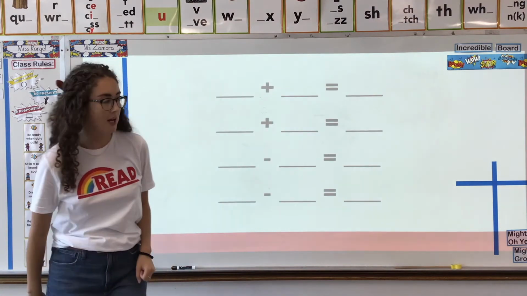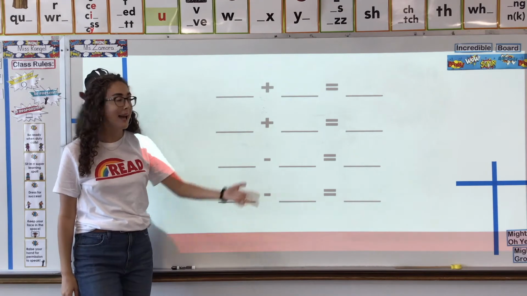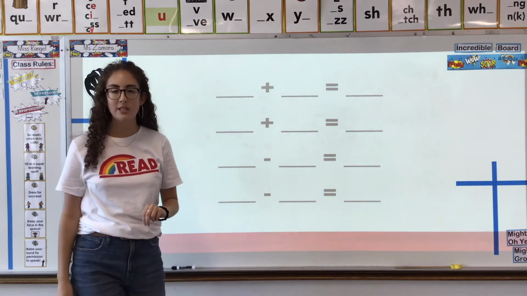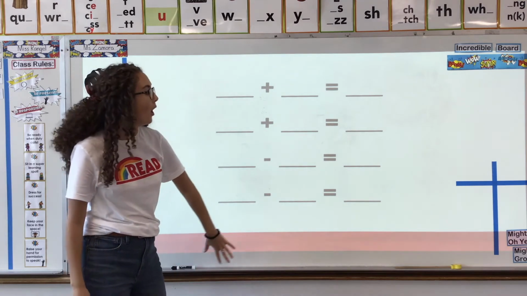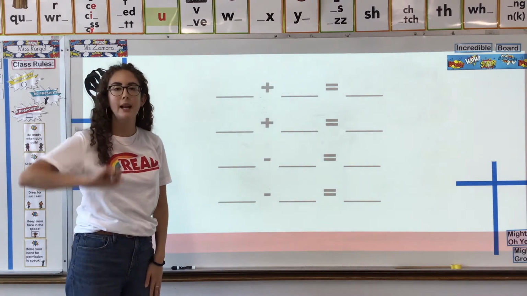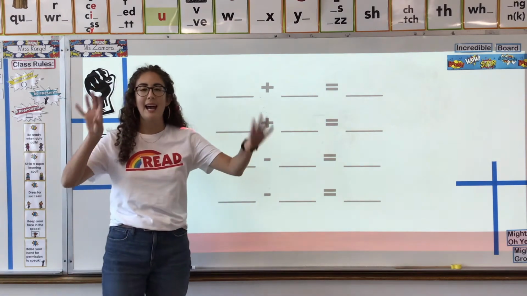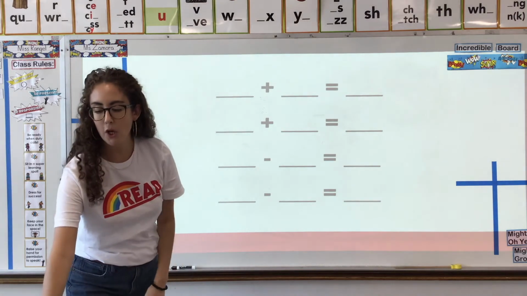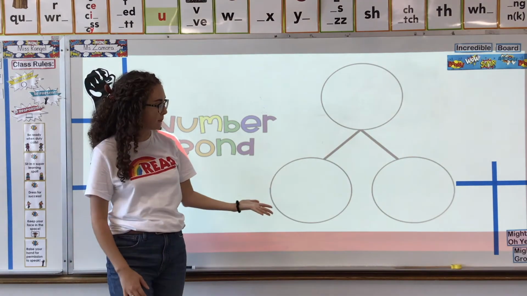So to remind yourselves, a fact family has 2 addition sentences and 2 subtraction sentences. All of this family only uses 3 numbers. It has 2 parts and a whole, which is shown in a picture by the number bond.